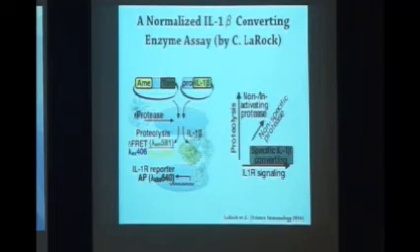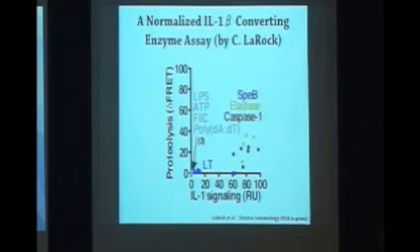We developed an assay where we compared the total proteolytic activity of different proteins with their capacity to generate functional IL-1 signaling, and we found that SpeB groups over here with the known activators of IL-1, such as caspase.